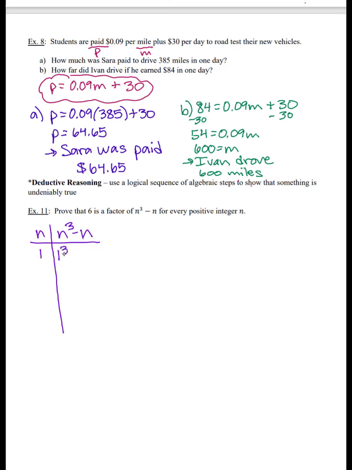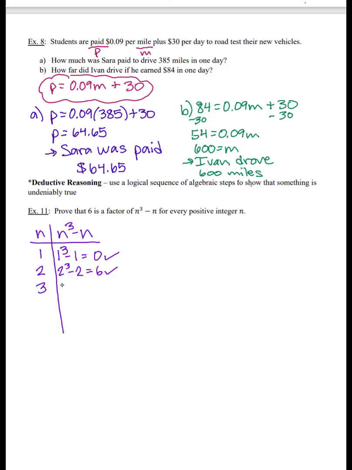If I substitute that in, 1 to the third minus 1 would be 0. 6 would be a factor of 0 because we're trying to prove that 6 is a factor of any result that we get by substituting in a positive integer n. So 6 times 0 would make 0, so that checks out. I'd go to the next positive integer, 2. 2 to the third power minus 2 would be 8 minus 2, I would get 6. So that would be a factor of 6.